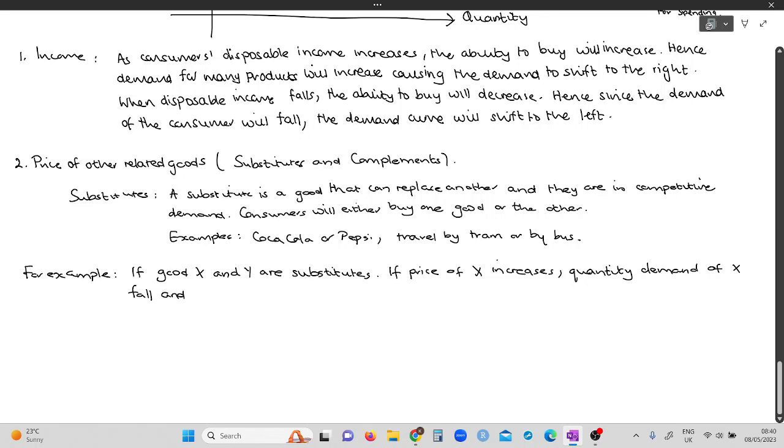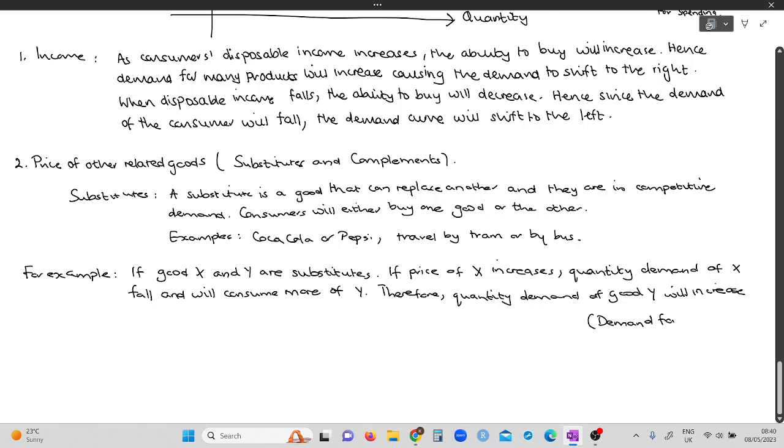People will not consume X but will consume more of Y. Therefore, the quantity demanded of good Y will increase. So the demand for Y will shift to the right.